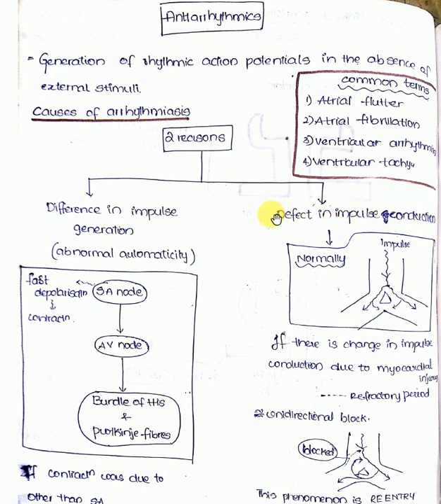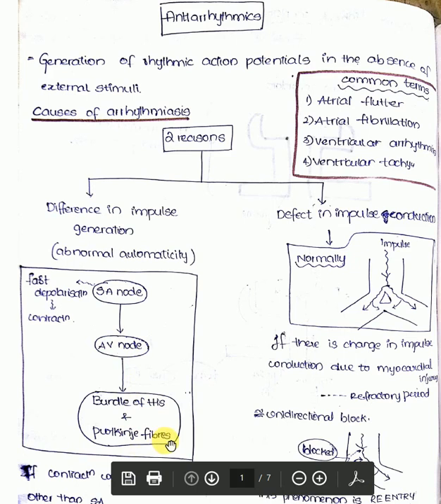So what is the main theory considered in case of difference in impulse generation? We'll look into the normal impulse conduction. First, the SA node in the heart acquires the action potential from the external stimuli, and this SA node action potential travels through the AV node and then to the bundle of His and Purkinje fibers.